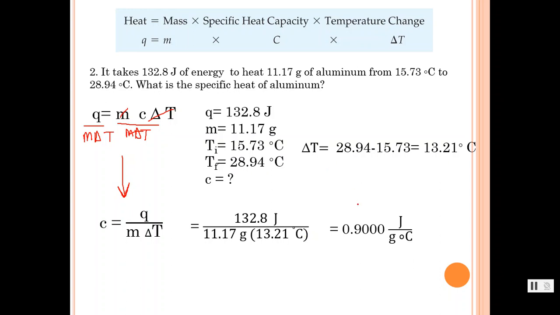So to 4 significant figures, it should be 0.9000. In your calculator, it comes out as 0.8 with a whole bunch of 9s. I would probably accept that, but just to be consistent with sig figs, since I have 4 sig figs in my given information, my final answer should be 4 sig figs. So 0.9000.